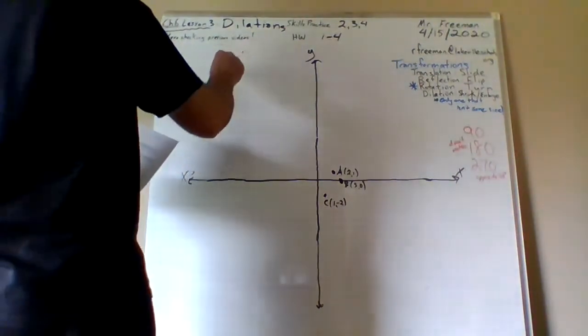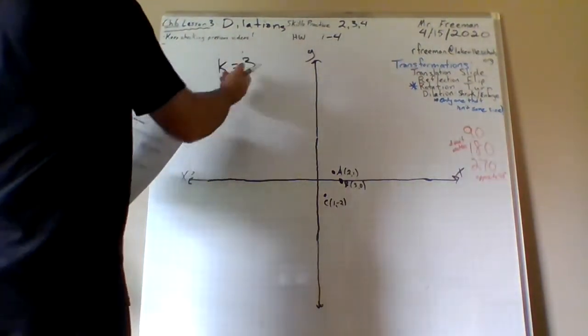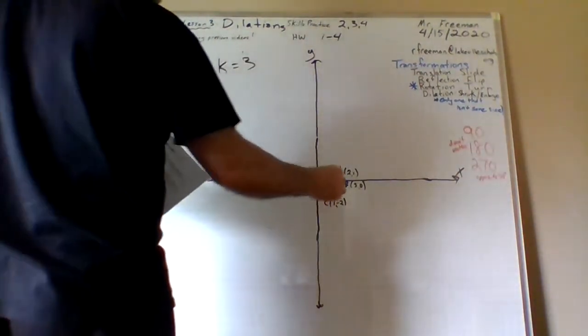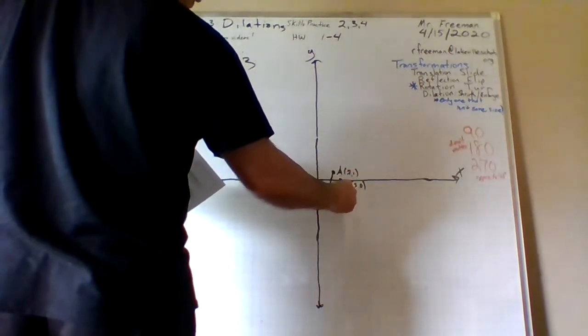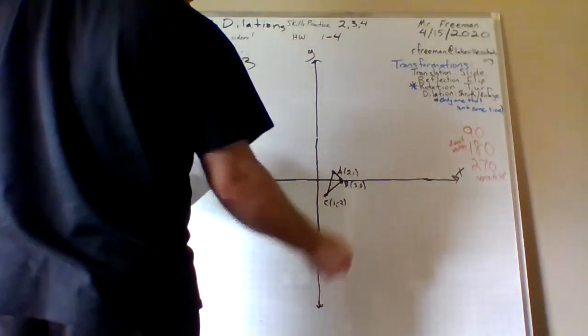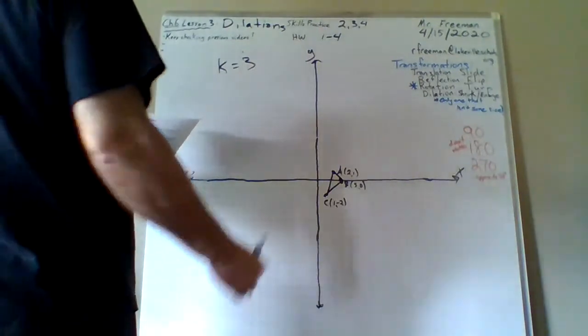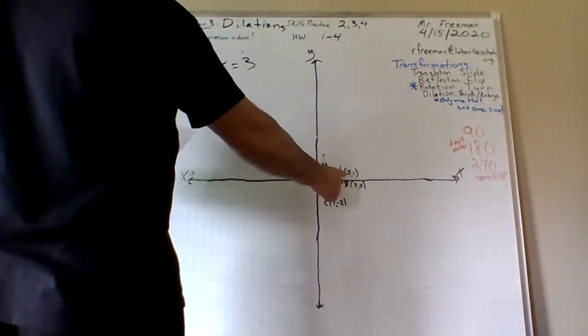And this time our K equals 3. So that's bigger than 1. So this shape's going to get a lot bigger, right? This is a triangle. It's still going to be a triangle, but it's just going to be a lot bigger. We're multiplying each of these points by 3.